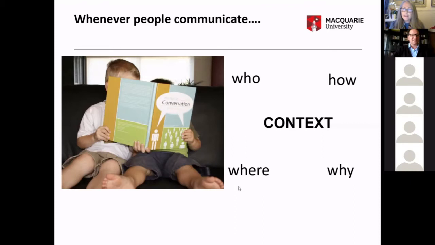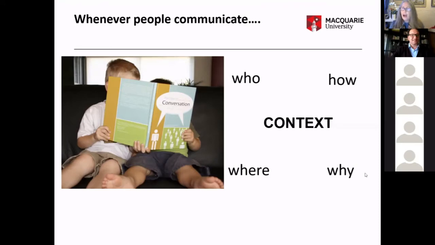Also, where the conversation is taking place. Is it in a cafe where you have to shout because it's noisy? Is it in a school where there are a lot of people who have to take turns to talk? Is it a conversation between friends? All of these things affect the kind of language that you would use in a conversation.